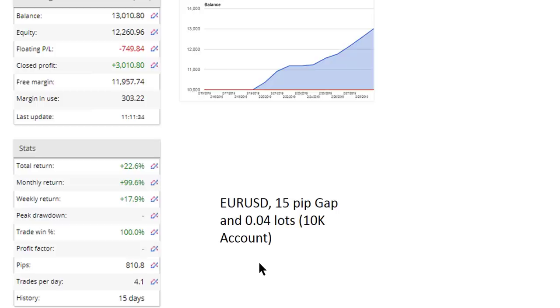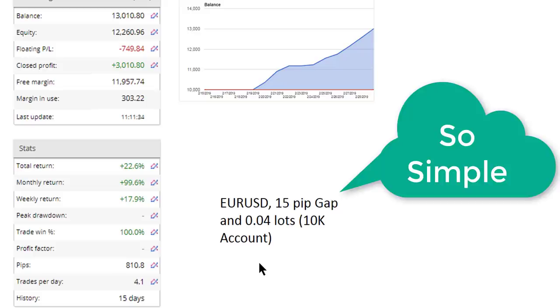You only need to decide on the grid size, the lot size, and the currency that you're trading. That's why I'm saying this is one of the simplest techniques you can ever come across. And what's more, there's a lot of guidance within the forums to help you with those decisions. So there's only 3 things you need to decide all the time.